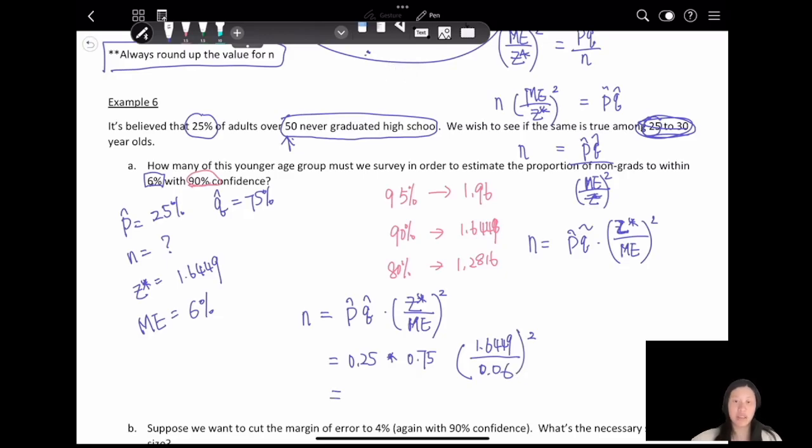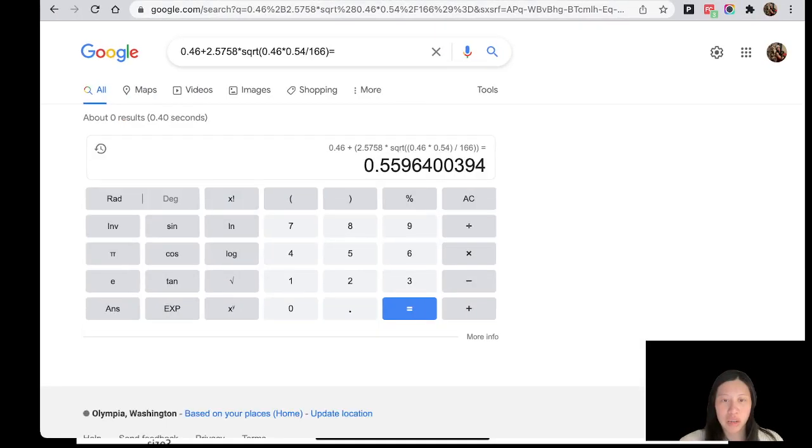Okay, so now let's use the Google calculator.